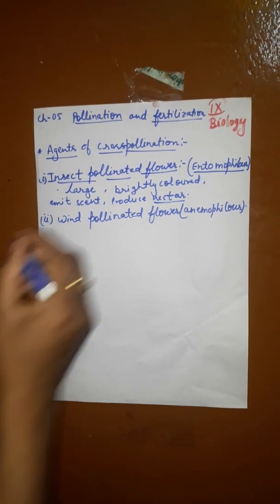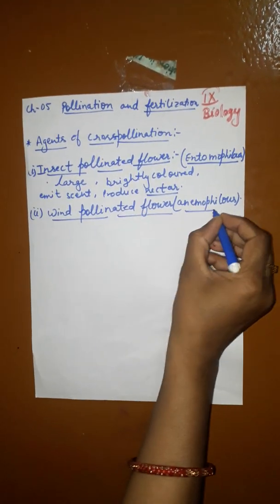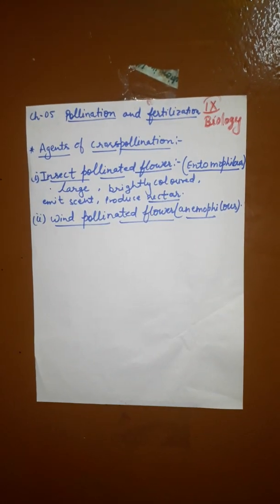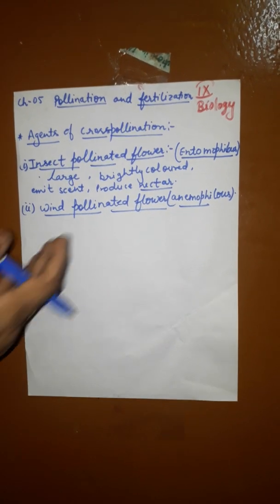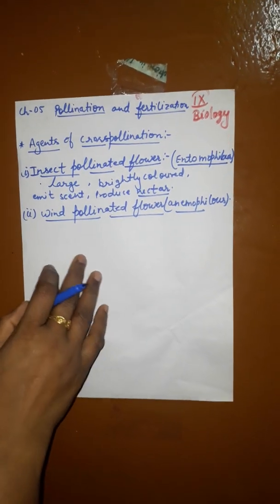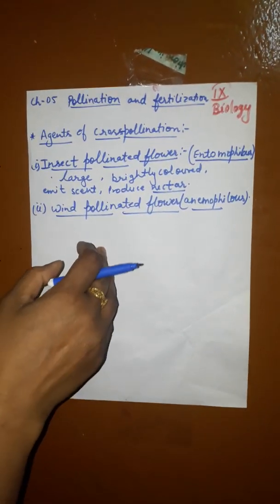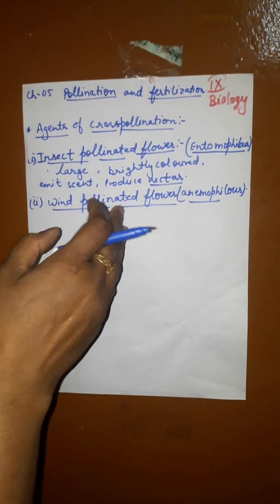What are the characteristics? Wind pollinated flowers are not showy like insect pollinated flowers. Insect pollinated flowers are large, brightly colored, showy, emit scent, produce nectar, and are very ornamental. But wind pollinated flowers are small, not brightly colored, and do not produce scent. Stamens are long and hang out.